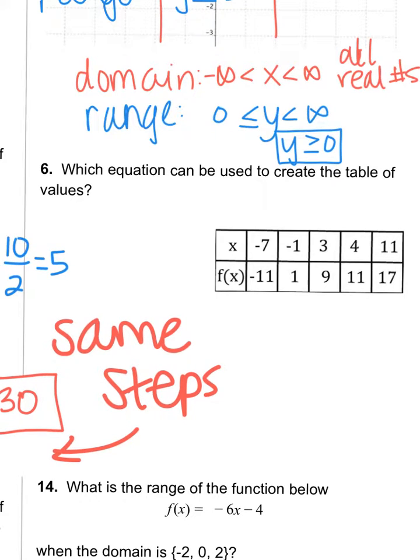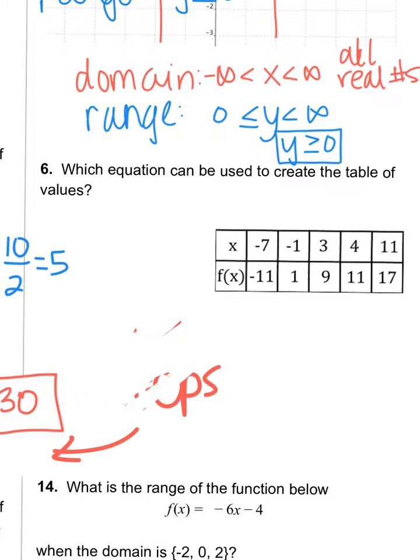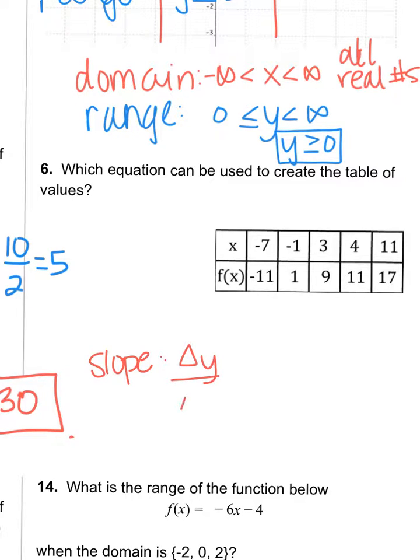Number 6, again, we're using the same steps as we did on the other side. So the first step is to find our rate of change, and then to find our y-intercept. So it's kind of flip-flop from a graph. So our rate of change, our slope, is our change in y divided by our change in x.